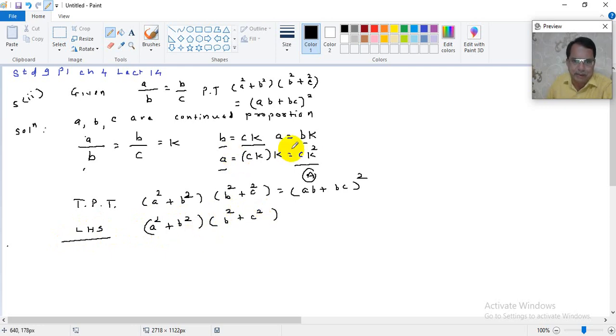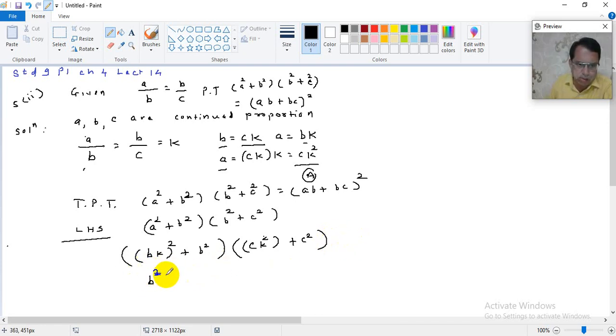Now what is A? A is BK. So it is BK square plus B square. This is the first bracket. And second bracket is B square plus C square. So B is what? B is CK. So CK square plus C square. This is your left hand side. But what is BK square? It is B square K square. And plus B square.